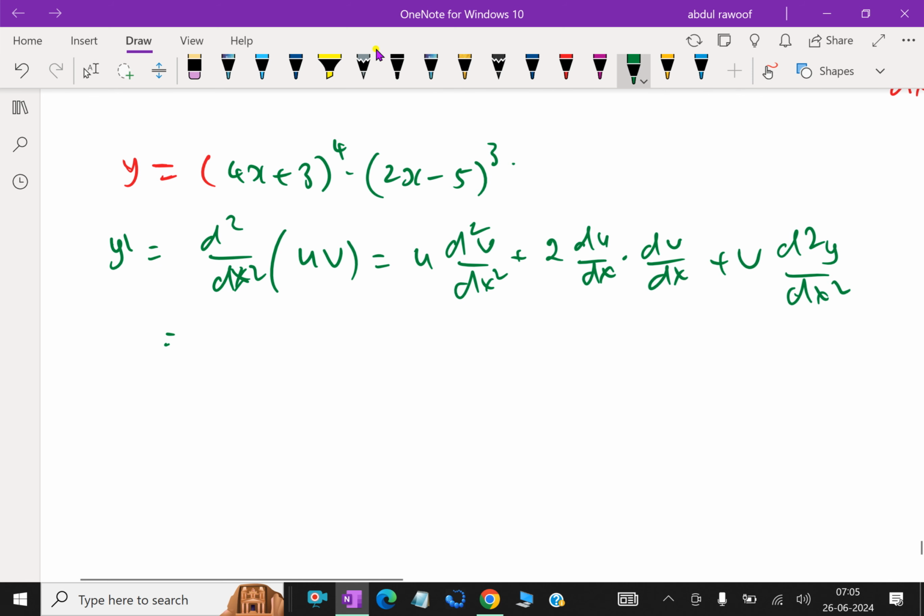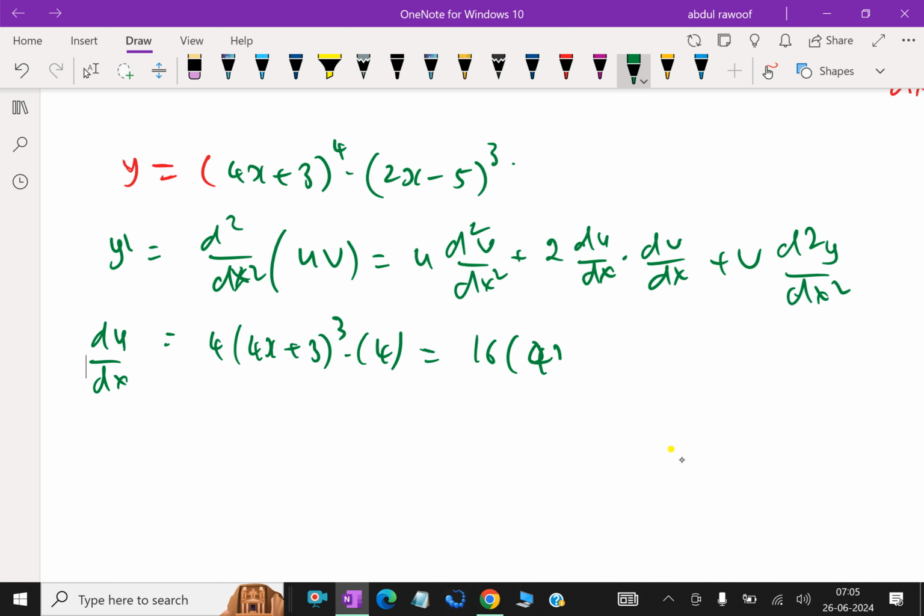So first for this we have to find du by dx. This is u, this is v. Du by dx is 4 times 4x plus 3 cubed into 3 into 4, which is equal to 16 into 4x plus 3 cubed.